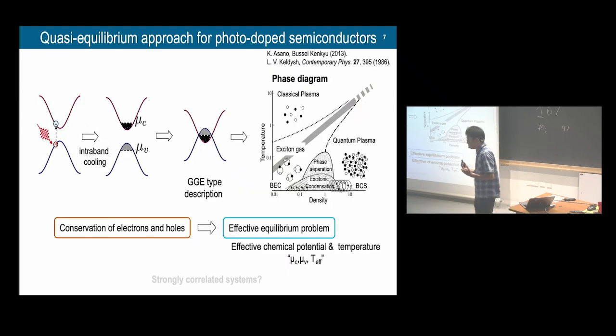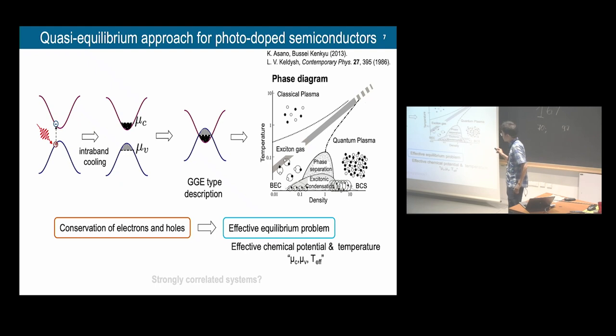Okay, so I want to introduce this quasi-equilibrium approach for strongly correlated systems, but to do this, let me first remind you of the case in semiconductors. In a semiconductor, you excite the system, and now we have holes and electrons in the valence band and conduction band. Again, these charge carriers have a relatively long lifetime, so what happens initially is a relaxation within the bands, and the system approaches some quasi-steady state.